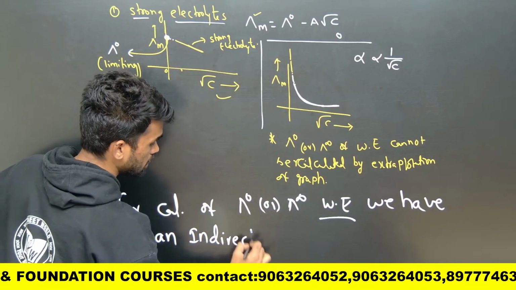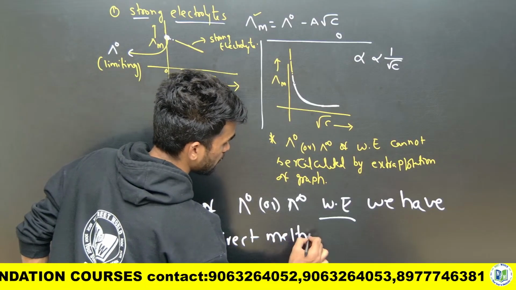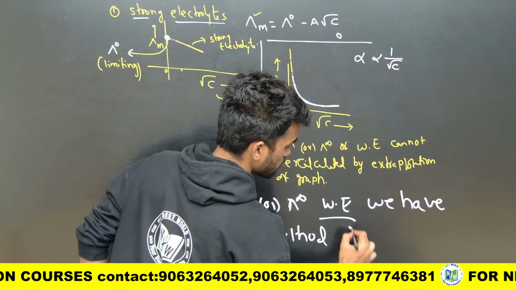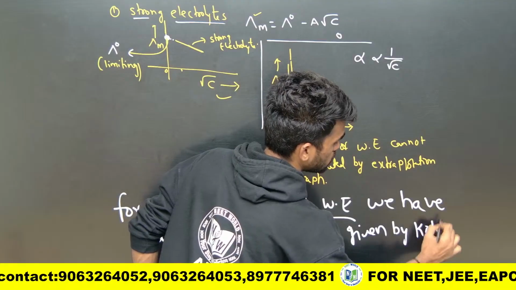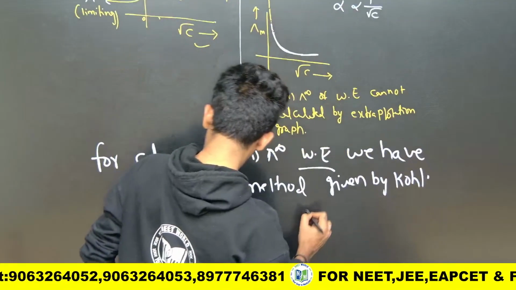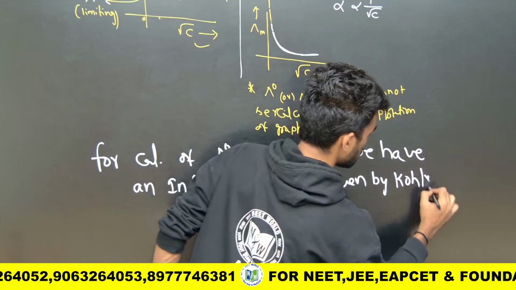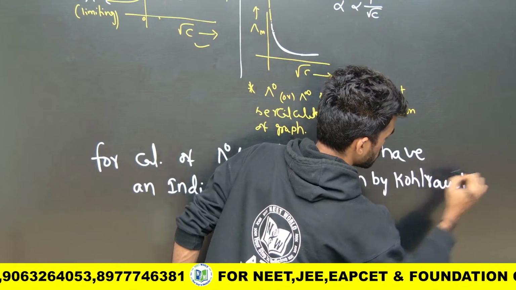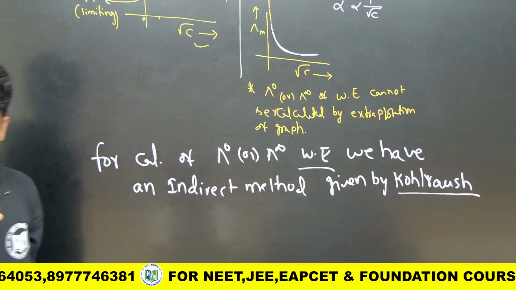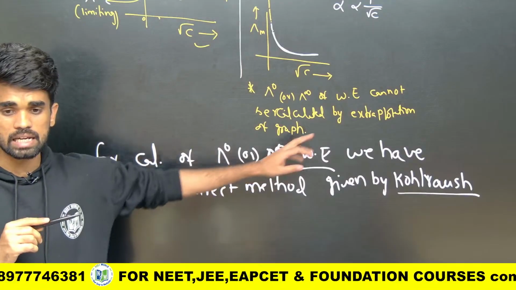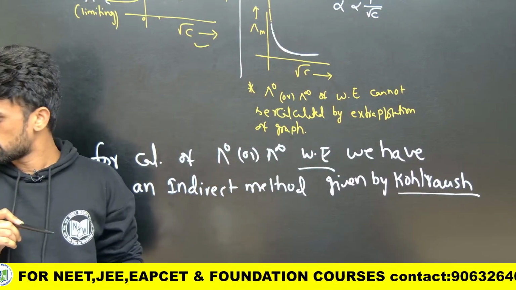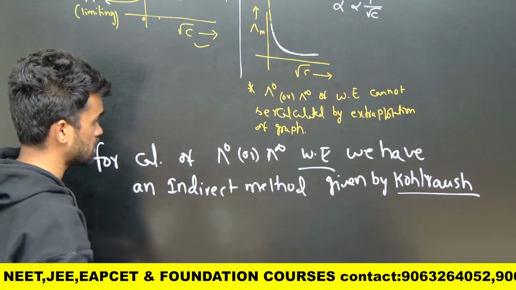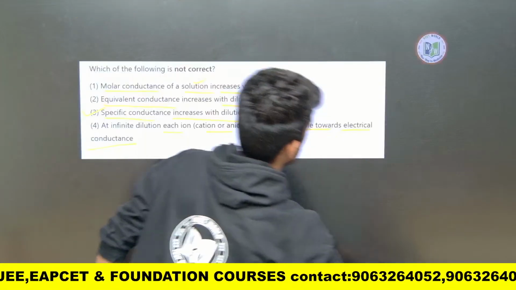An indirect method that is given by Kohlrausch. So Kohlrausch gave an indirect method to calculate the limiting molar conductivity in the case of weak electrolytes. So how can we calculate this? Let us see Kohlrausch's law.